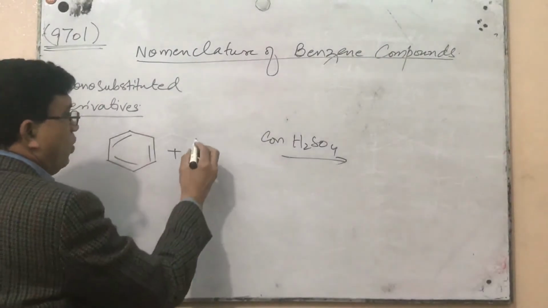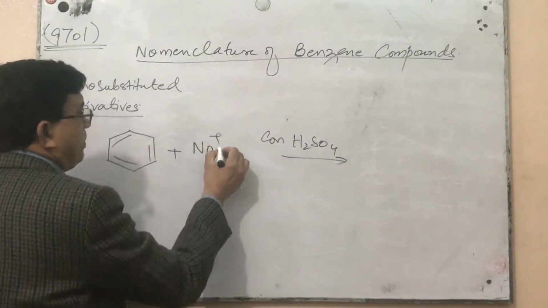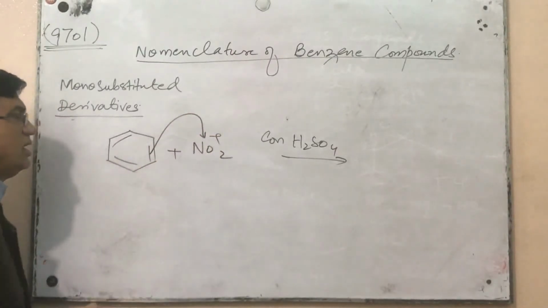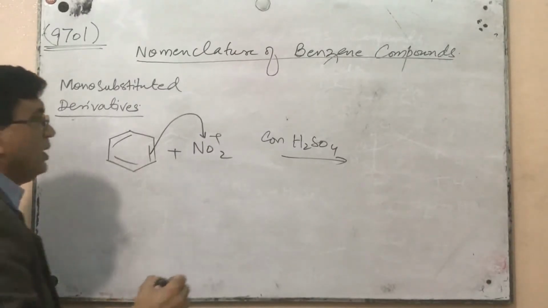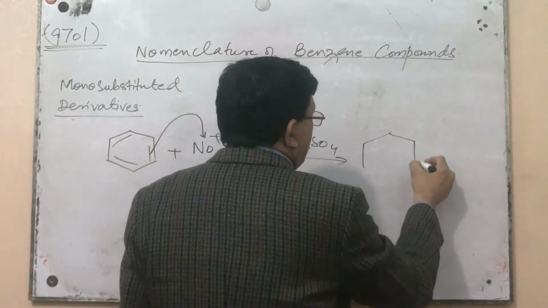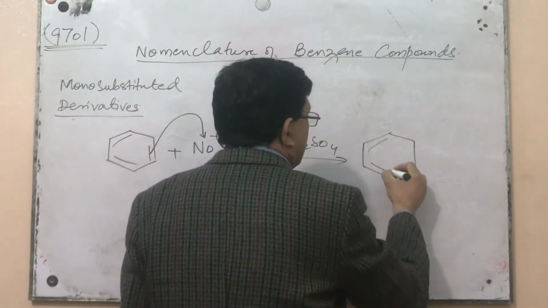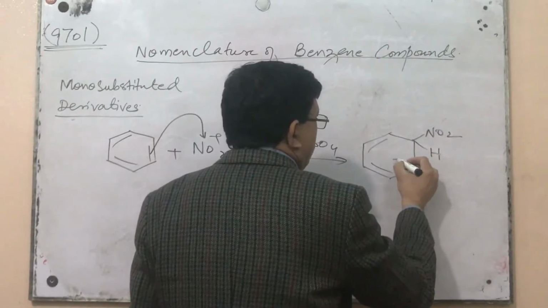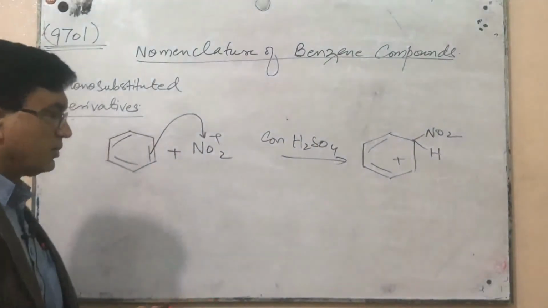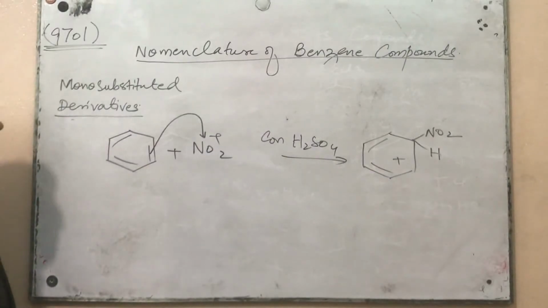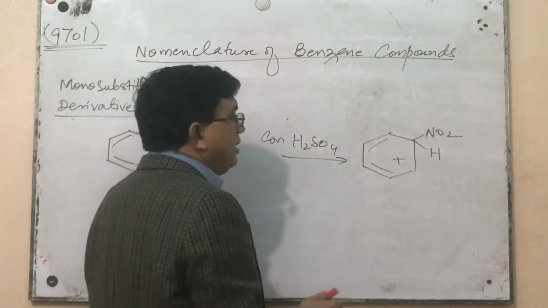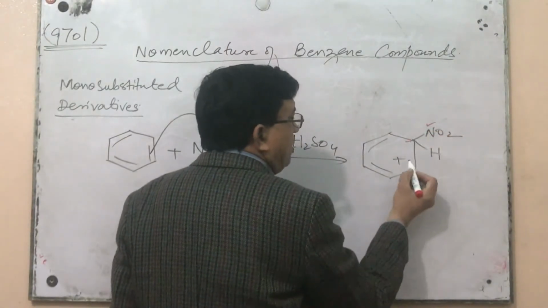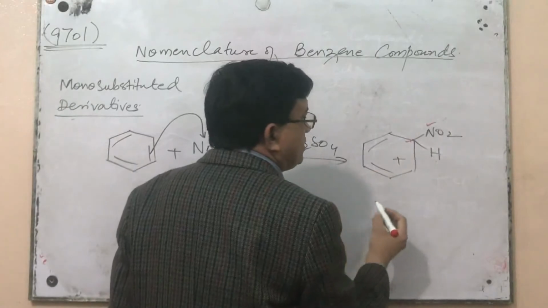This is NO2 positive. Now, the pi electrons of benzene will be attracted by this nitro group, and this will produce an intermediate like NO2 along with H with a positive charge. Now, as I have explained, the bond between nitro and carbon is very strong, but the bond between carbon and hydrogen is very weak.